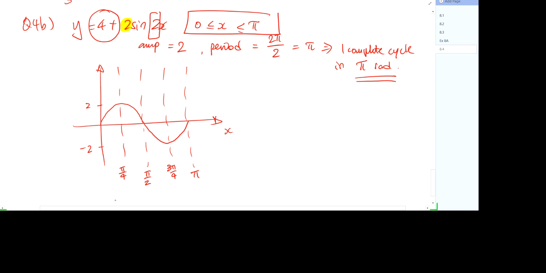Now instead of shifting the graph up by 4 units, I'm going to shift the x-axis down by 4 units. I'm going to use the blue color. If I shift it down over here, how many units have I shifted? If I shift it down to this line, how much is it?